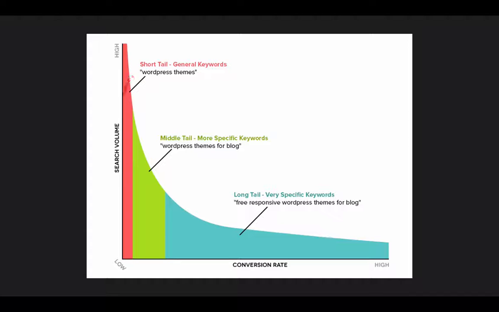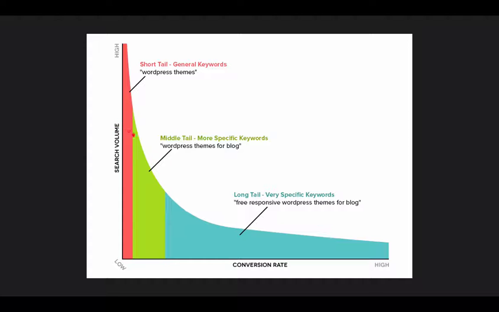This also goes into the high search volume and low conversion. Conversion is when people actually make a sale, or your website makes a sale, or they fill in a form, submit something, and really take their search seriously, like buying something, booking something.